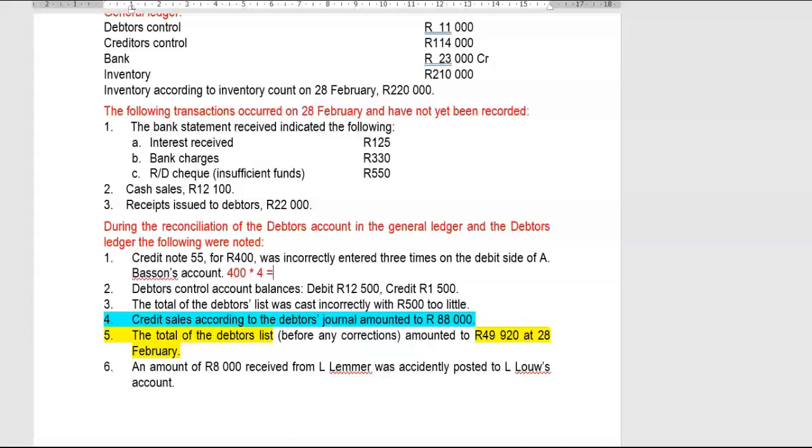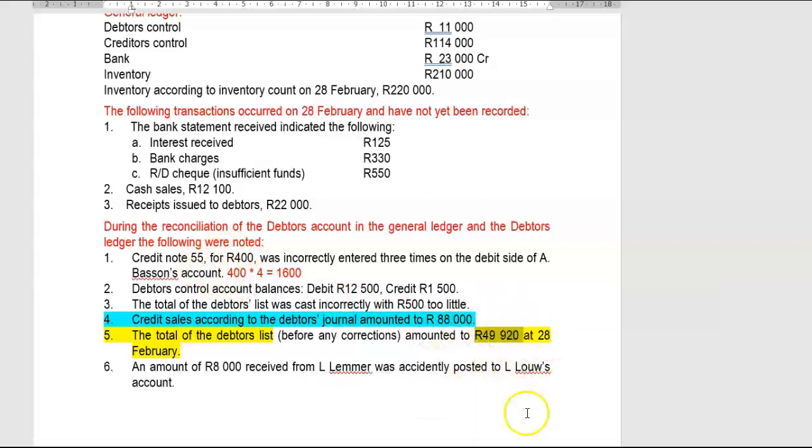3 times is only going to take out the mistake. 4 times is going to rectify the mistake, so it's also going to pass the credit note. The debtors control account was correct. This was only in his individual account. His individual account added up to that 49,920.